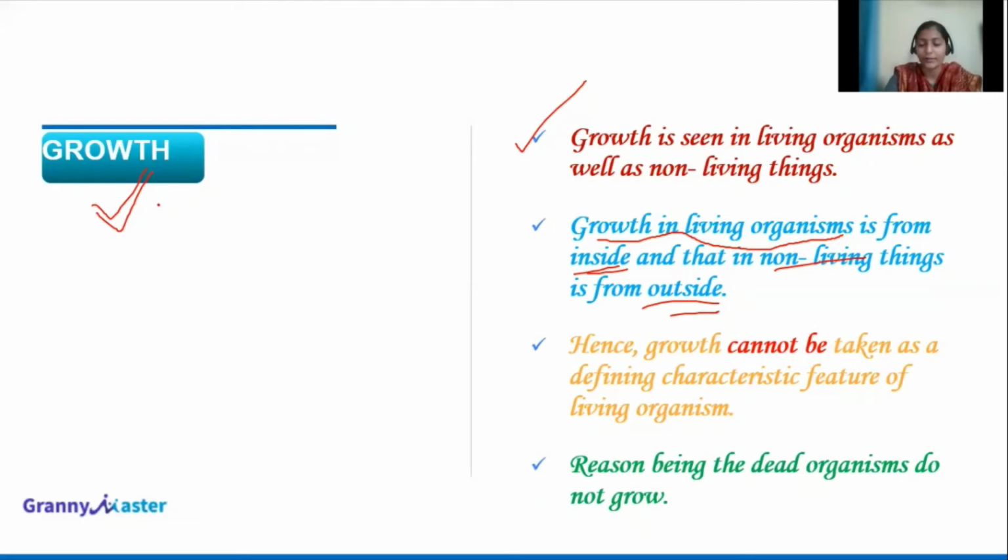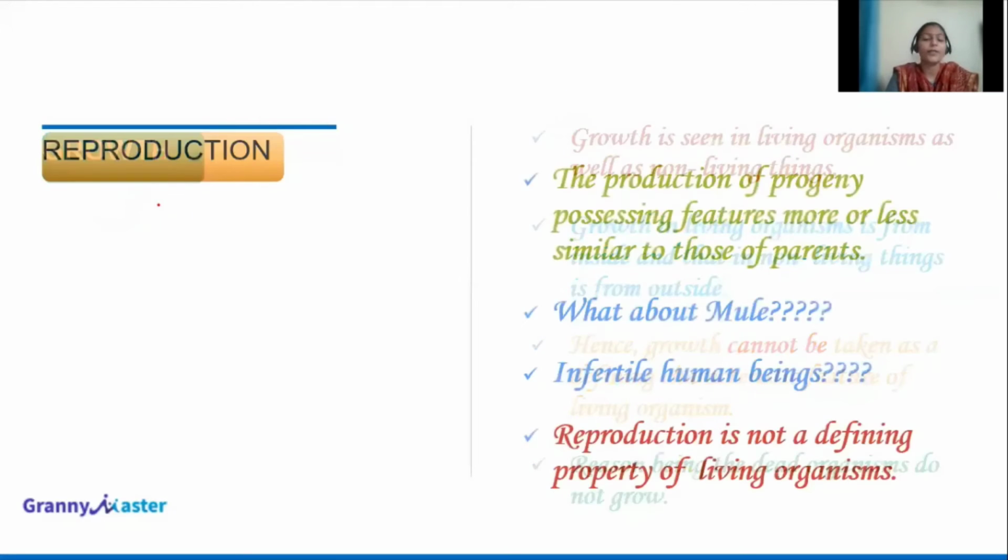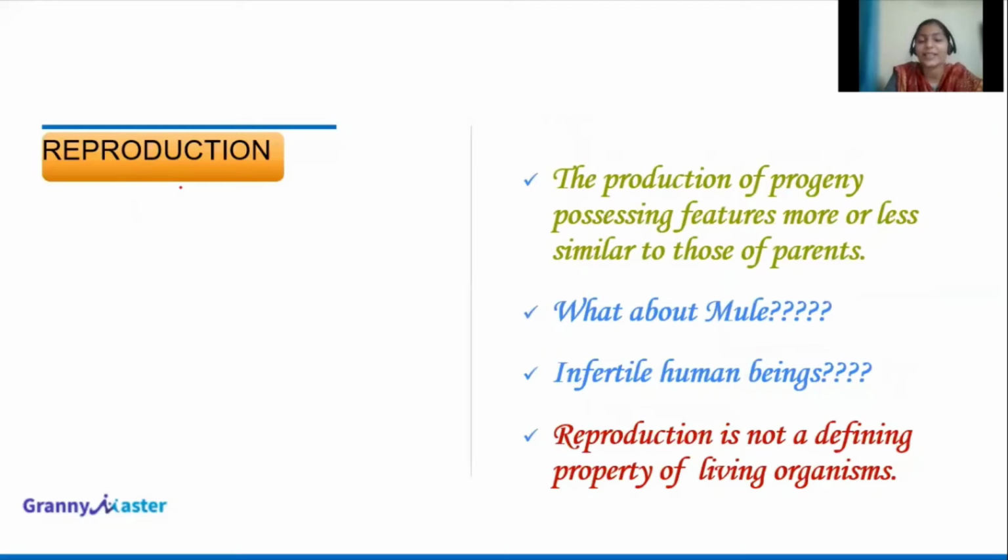So this characteristic called growth cannot be specific in determining an organism to be living or non-living. Next, we will go to the next characteristic, which is reproduction. What do you mean by reproduction? The name itself says it: the production of progeny possessing features more or less similar to those of parents.